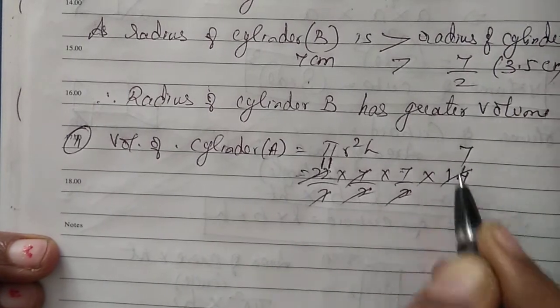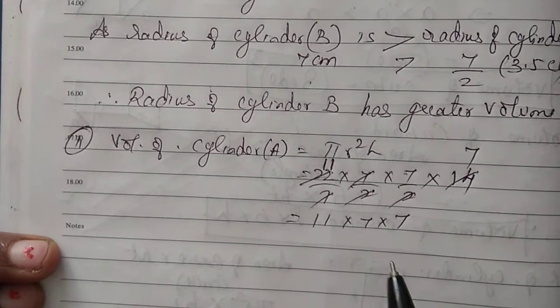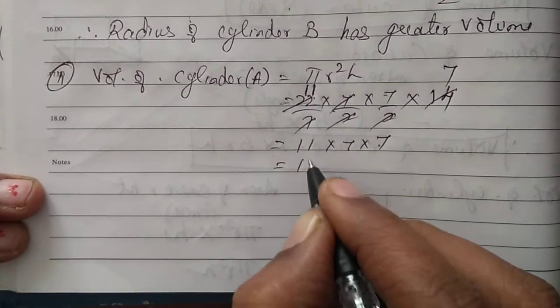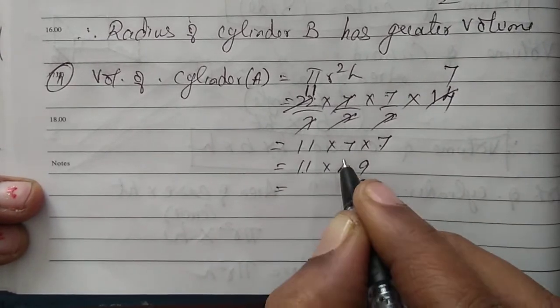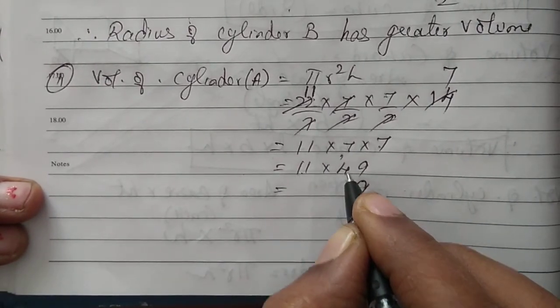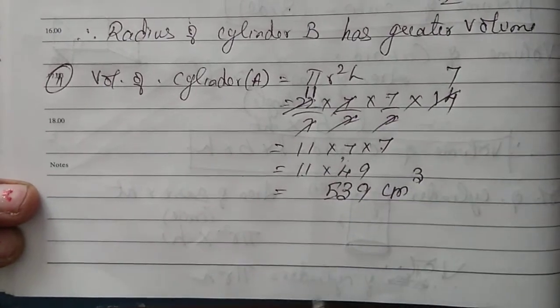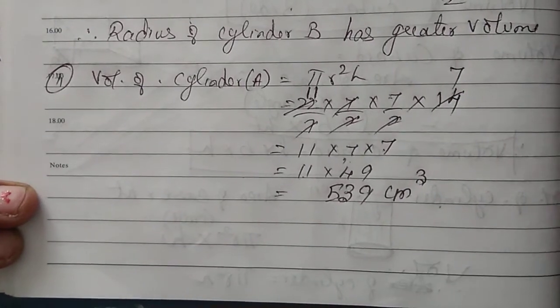This 2 will go in this 14 7 times. So we have 11 into 7 into 7. That is 7 7s are 49. 11 into 49. Which gives you 11 9s are 99, carry 9. 11 4s are 44 plus 9. 539 centimeter cube. So volume of cylinder A is 539 centimeter cube.